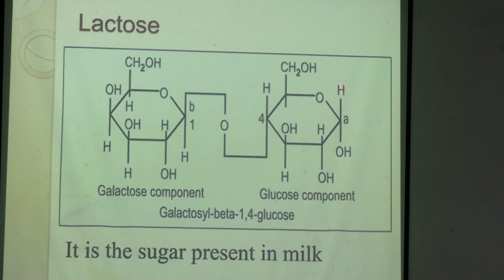Here the anomeric carbon of glucose is free. Anomeric carbon of glucose is free. This bond is between beta galactose C1 and C4 of glucose. This is a beta 1,4 glycosidic bond between galactose and glucose.